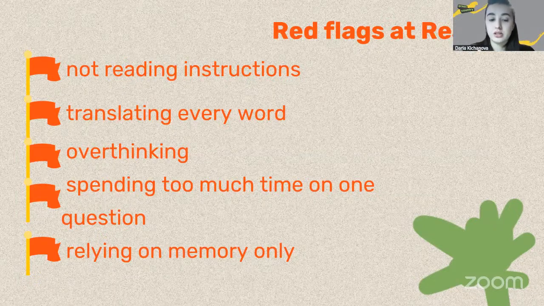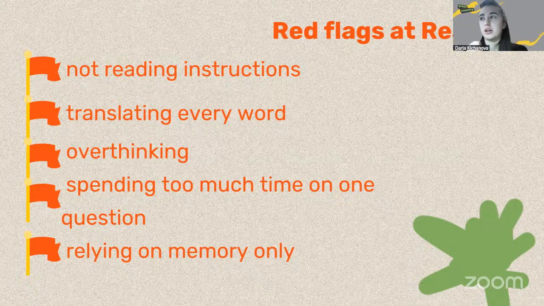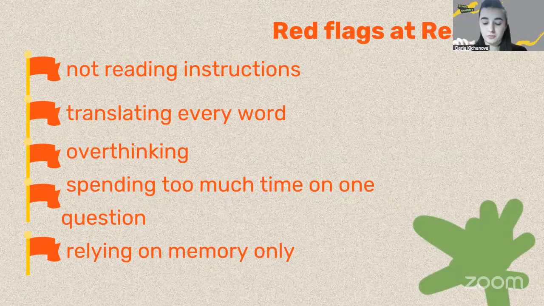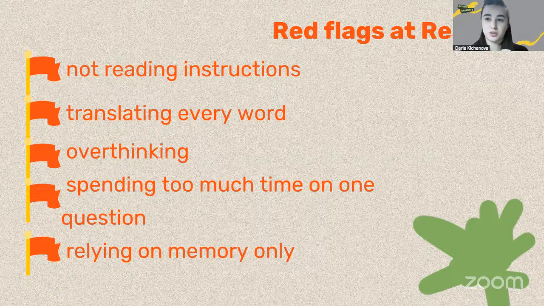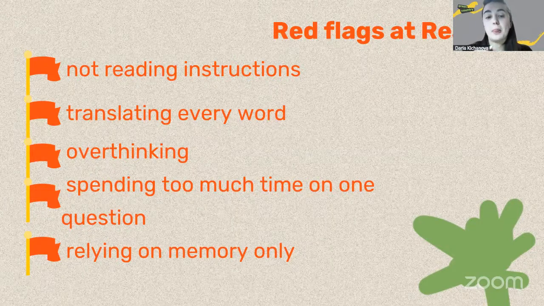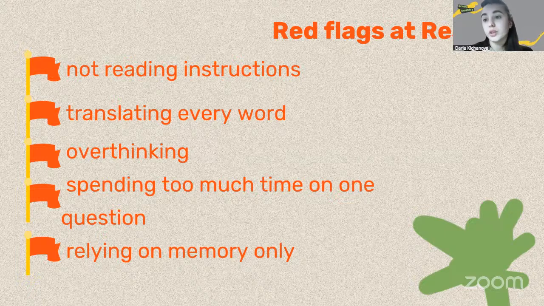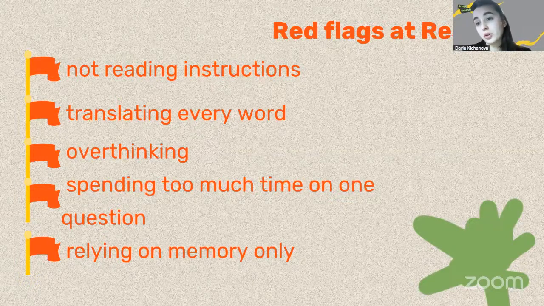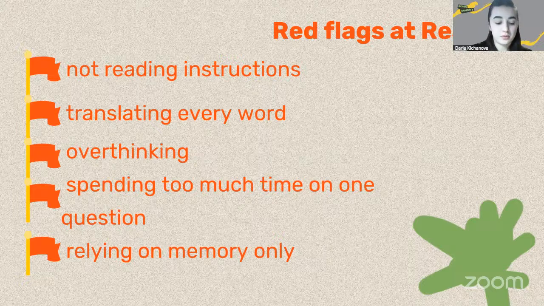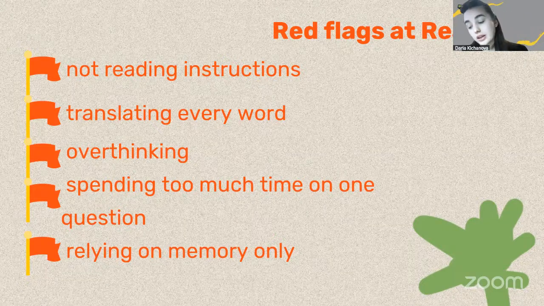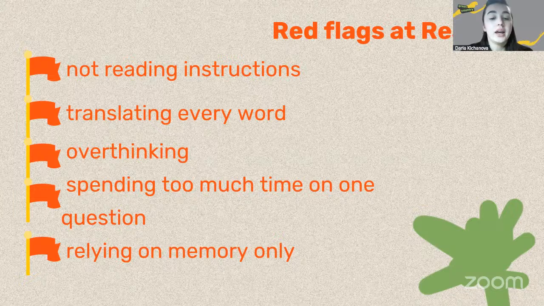You can remember that there was some phrase in the first text, and now I understand what it means, for example. It can be helpful to pay your attention to something else and then come back. And the last but not the least is relying on memory only.